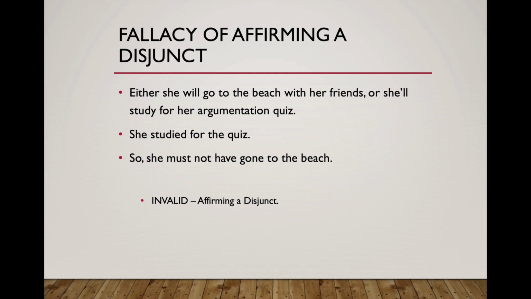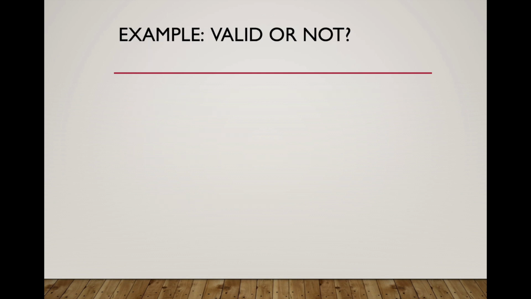So she must not have gone to the beach. Again, it might be instinctive that we would draw that conclusion, but in fact, we cannot logically deduce that that is true with logical necessity. In other words, the second premise, because it affirms the disjunct, commits an invalid form of the argument. It's the fallacy of affirming a disjunct.